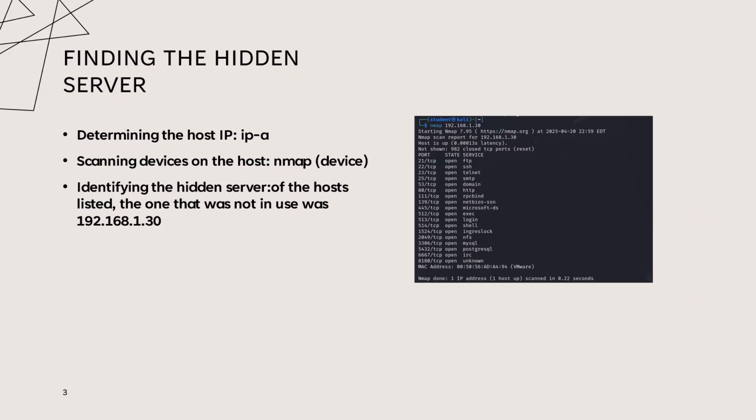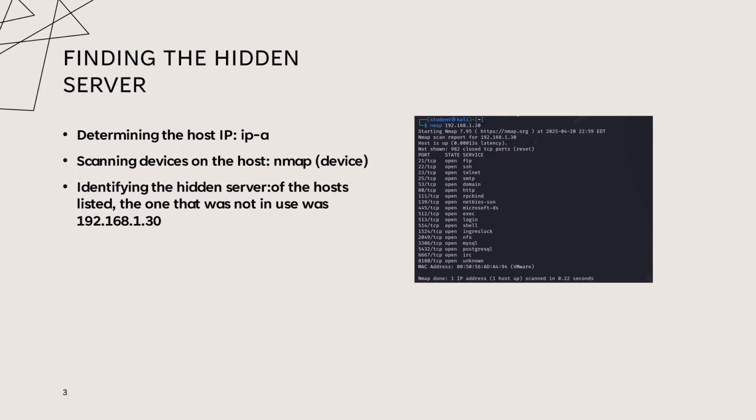As for the process of finding the hidden server, I started by determining what the IP was of the device I was using, with the ip a command in the terminal on Kali Linux, and following up by doing an Nmap scan on this host device.